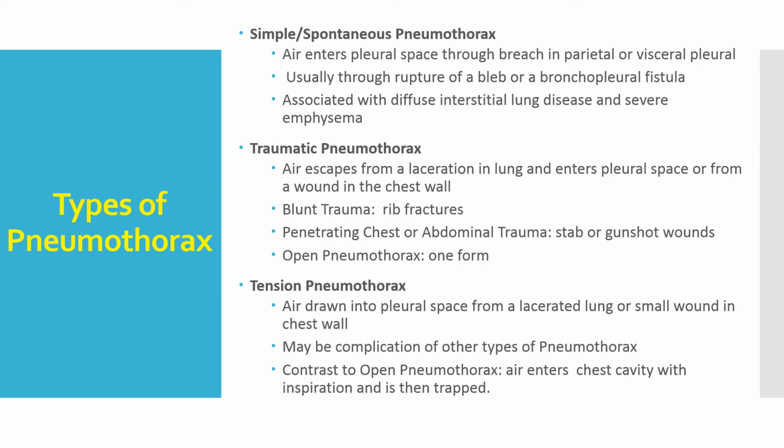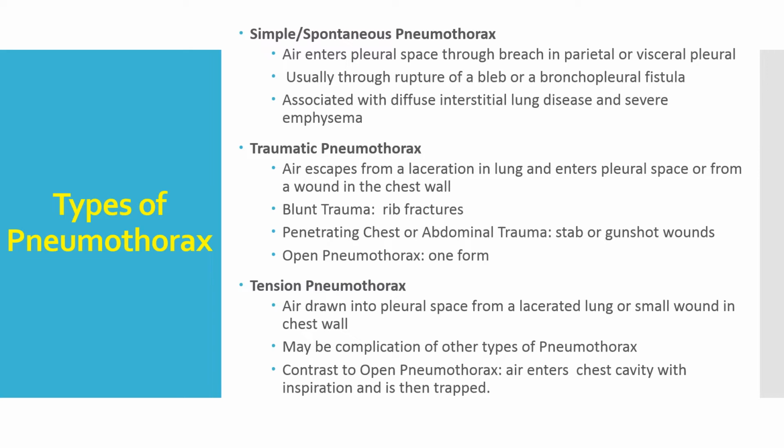It's usually through a rupture of a bleb, which is a small collection of air between the lung and visceral pleura, or a bronchial pleural fistula, and that is a pathological connection between the main stem, lobar, or segmental bronchus and the lung. It's associated with diffuse interstitial lung disease and severe emphysema.